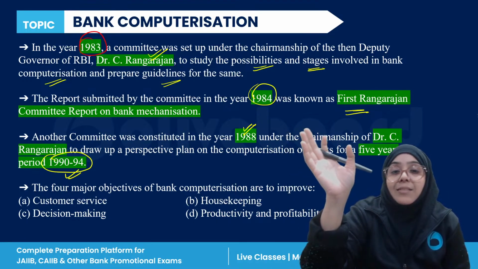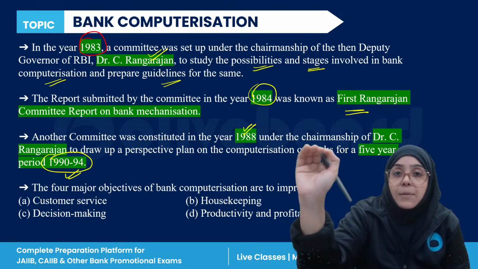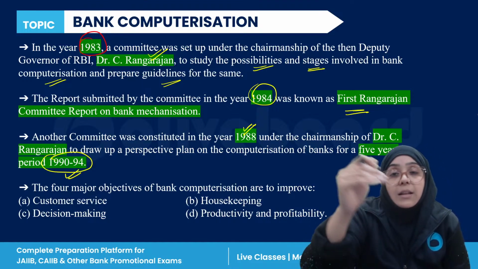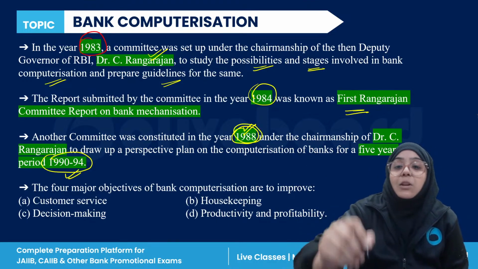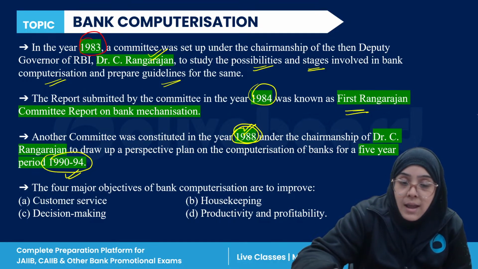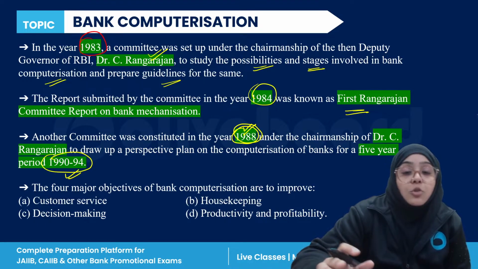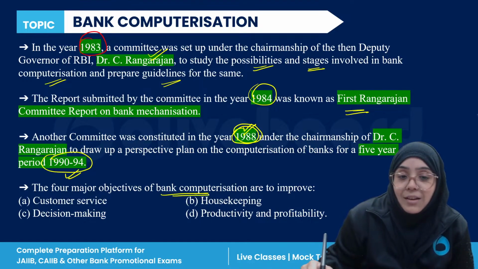In 1984, the first Rangarajan Committee report was published on banking mechanization. Another committee, constituted in 1988 under the chairmanship of Dr. C. Rangarajan, drew a perspective plan on the computerization of banks for a 5-year period, from 1990 to 1994.